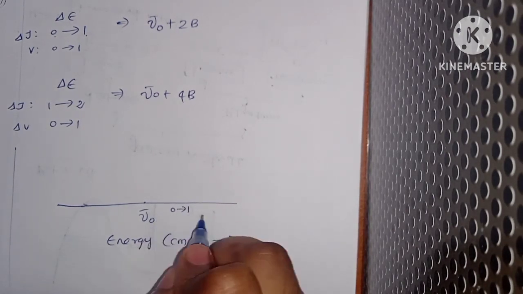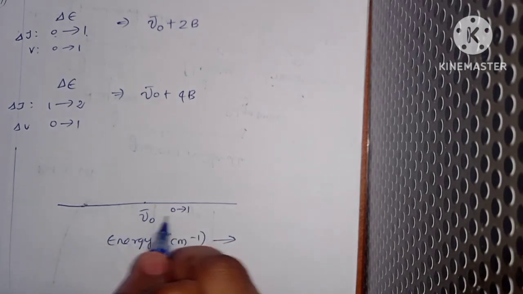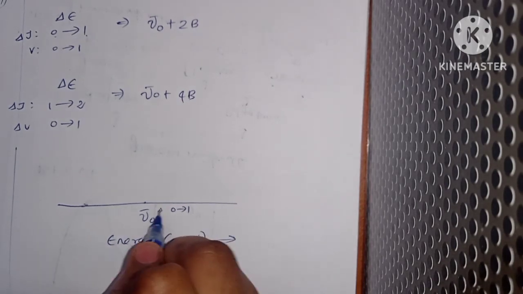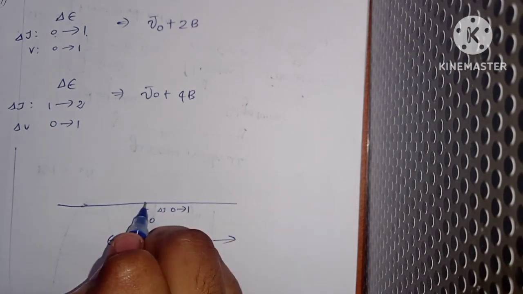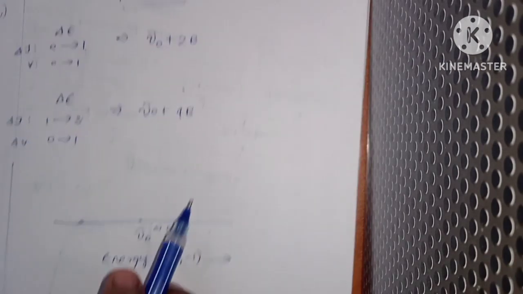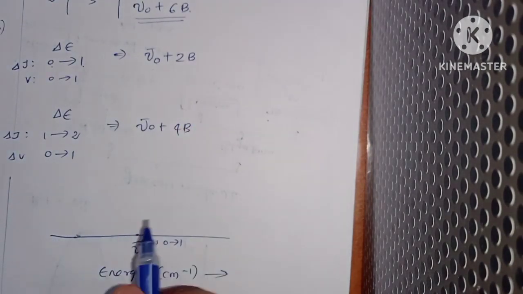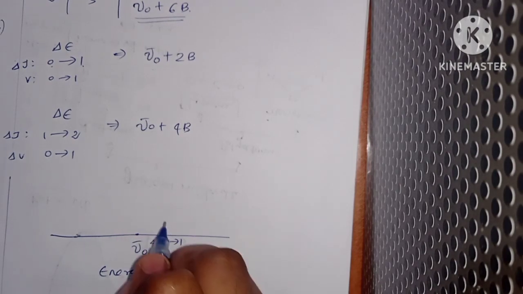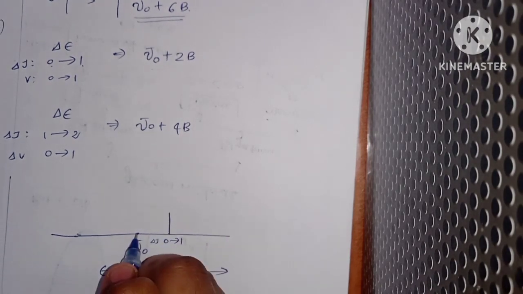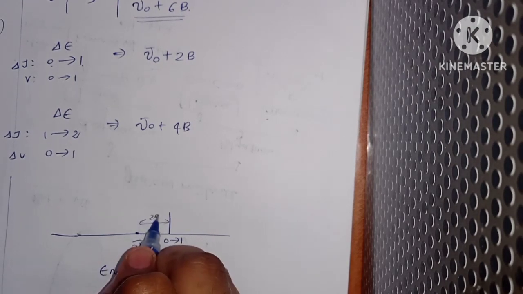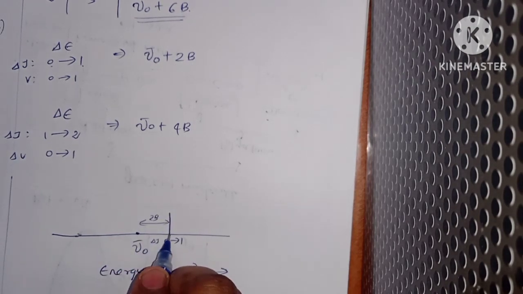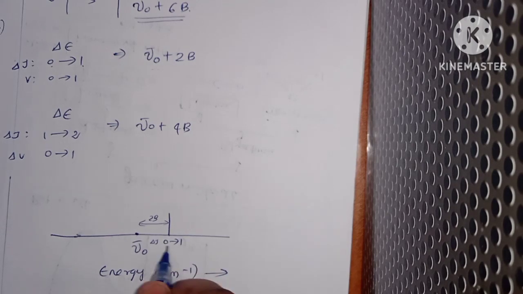We are currently writing the rotational changes. If delta J is 0 to 1, we will get a peak at mu bar 0 plus 2B value, because the energy needed for that transition is mu bar 0 plus 2B. So if this is mu bar 0, this is 2B. So 2B is added to mu bar 0. That is for the 0 to 1 case.